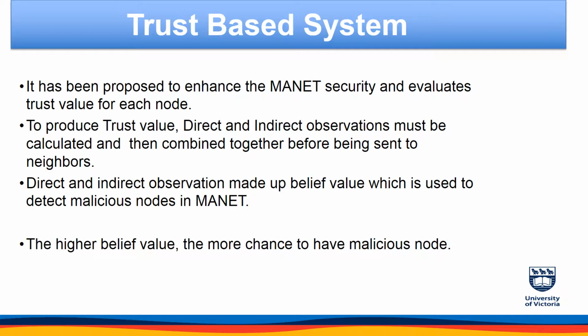It means that there are some nodes which are directly connected to the destination, and there are others which require intermediate nodes to help them reach the destination. The direct and indirect observations make up what we call the belief value, and this belief value is used to detect if the node is malicious or not.